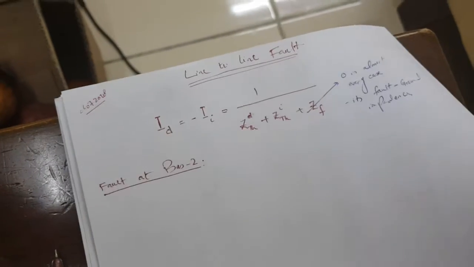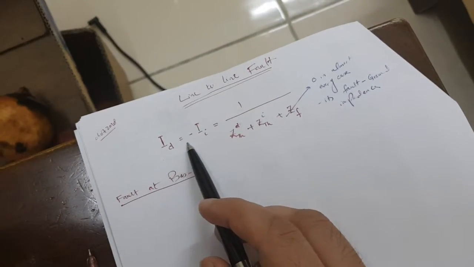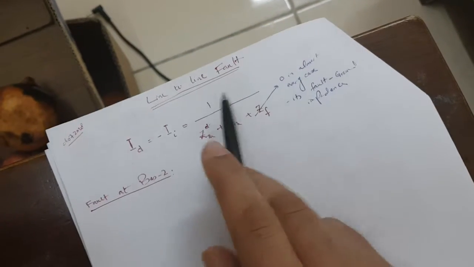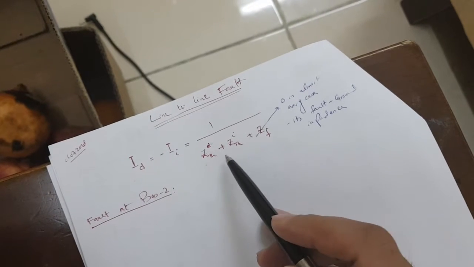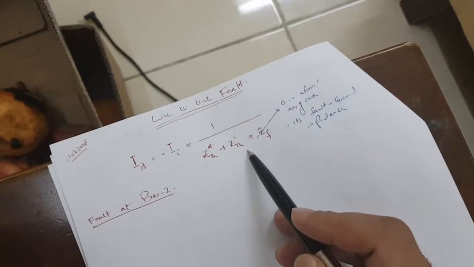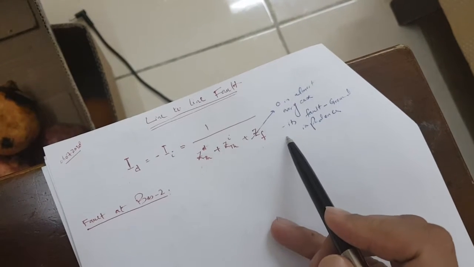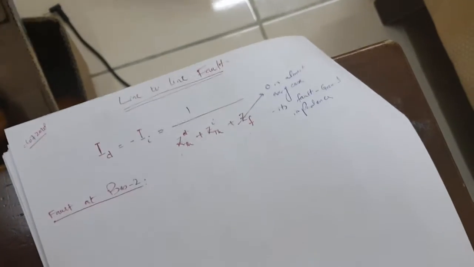This is the formula for the line to line fault current. The positive sequence current is equal to the negative of the negative sequence current, and it is 1 divided by Z Thevenin positive plus Z Thevenin negative plus ZF, which is almost 0 in every case, and this is the impedance of the fault to ground.